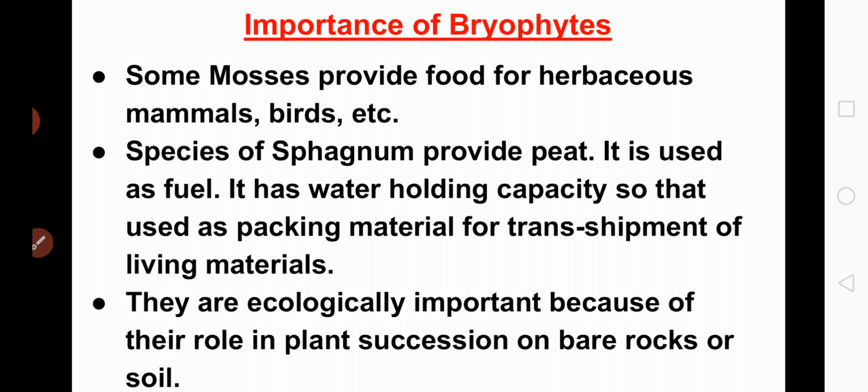What do you mean by peat? Peat formation is the result of incomplete decomposition of the remains of plants growing in waterlogged conditions. As a result, partially decomposed plant remains accumulate and become compacted, forming the peat.